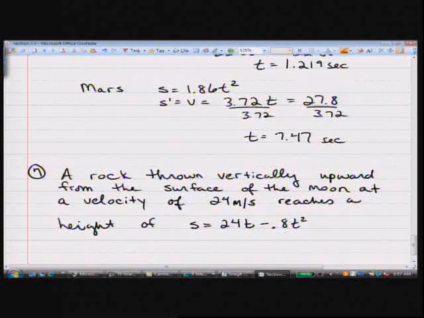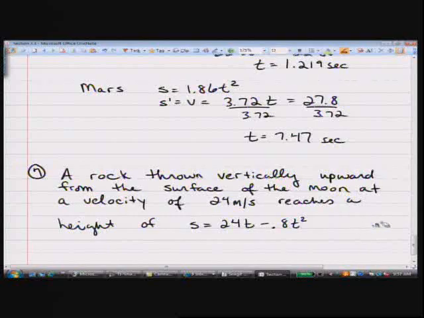This is Galileo's free fall equation, but taking into account the moon's gravitational pull, in meters in t seconds. You should understand the units from the 24 meters per second.